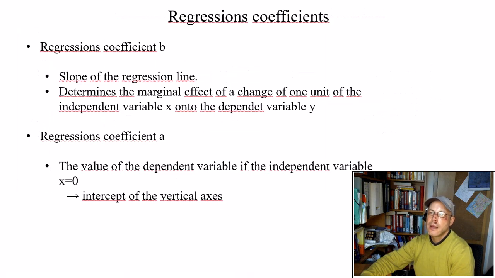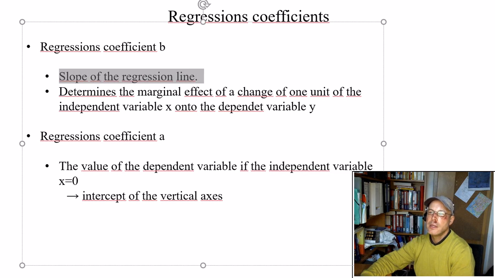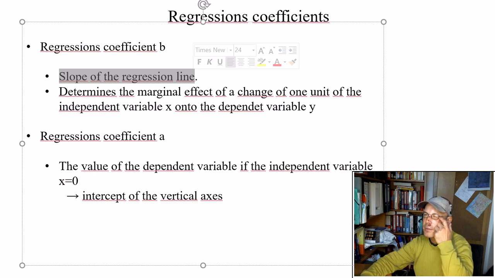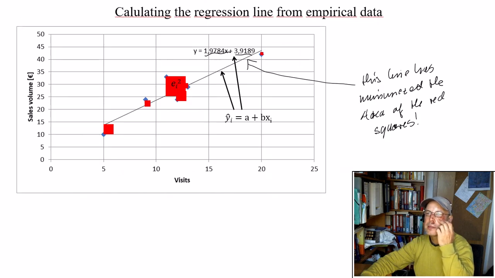and how can we now interpret our regression coefficients? Well, B is just the slope, and from this parameter B we can interpret, for example, in our case, roughly 2, then we know if we increase x by 2, then our y would increase by a factor of 4.